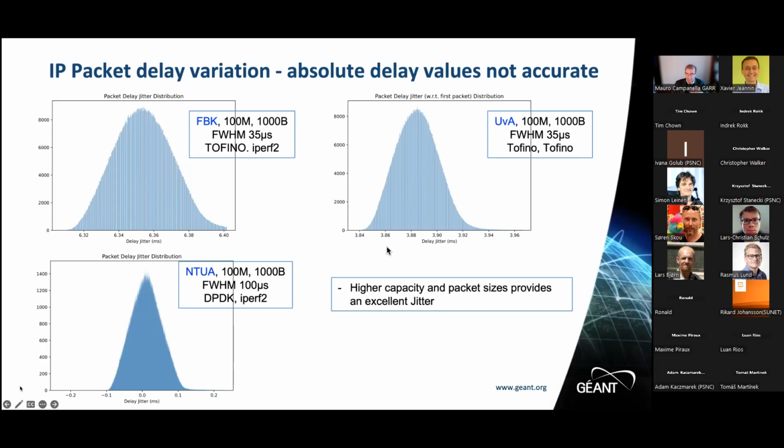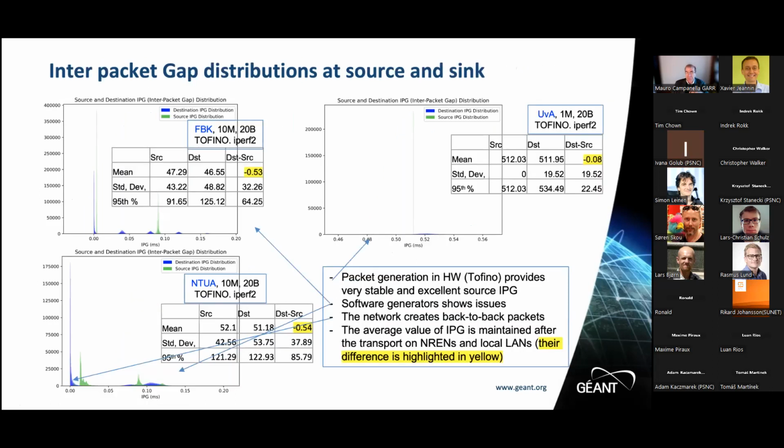But that's not all you can get out of the set of measurements we have done. We also wanted to look at interpacket distribution at the source and the sink. For ease of comparison, I don't have all the interpacket gaps for all the flows. I chose the comparison of 10 meg, 20 byte in the 4 sites.